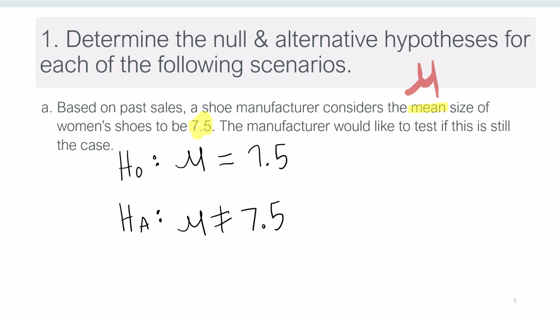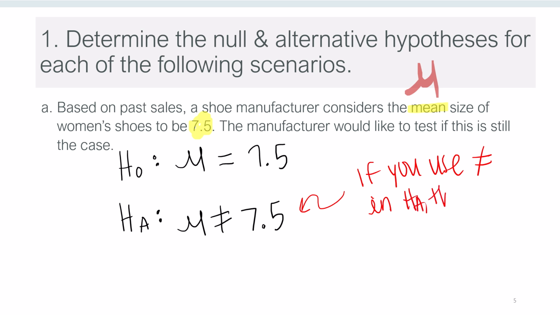If you use a not equal to in HA, this is called a two-tailed test. What does that mean for you?